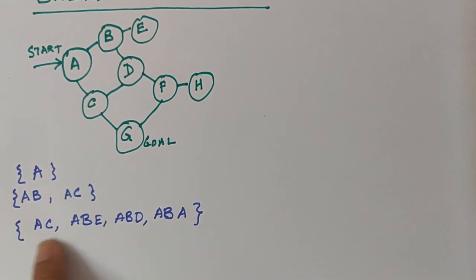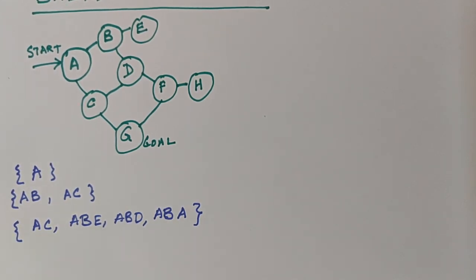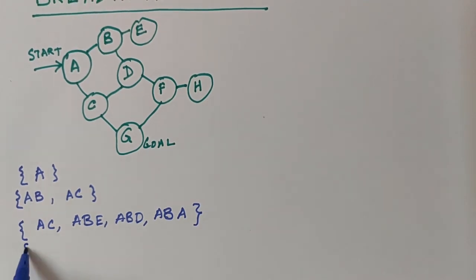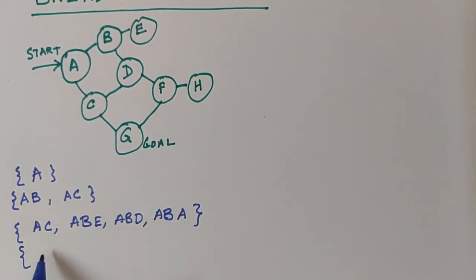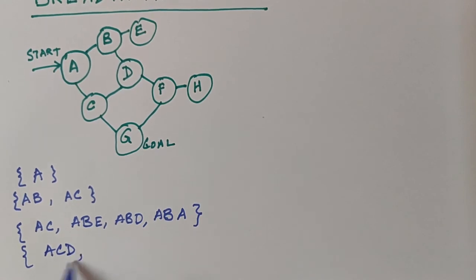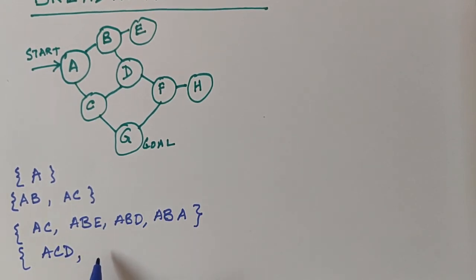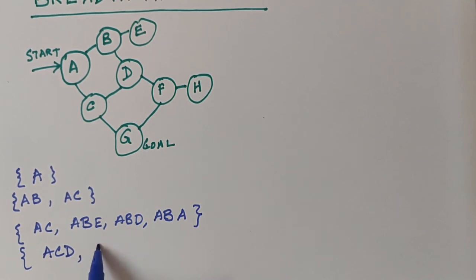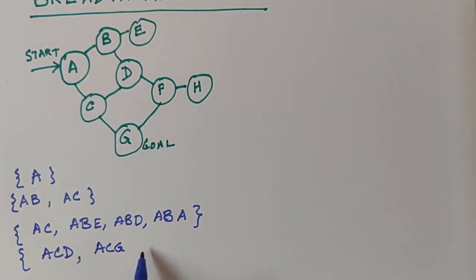Which is the minimum path length here? AC. Here there is no tie. We have a clear winner, AC. We will remove AC, and from C I can go to D, ACD, and from C I can go to G also, ACG.